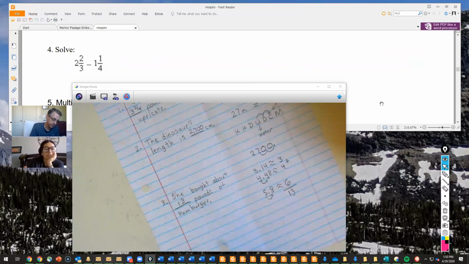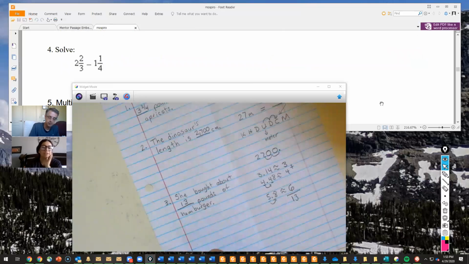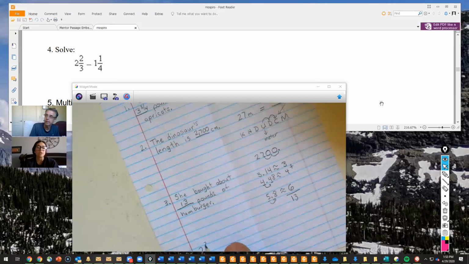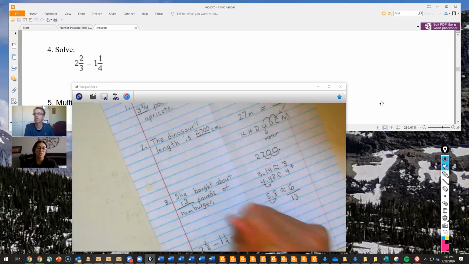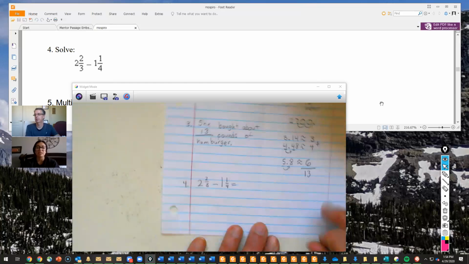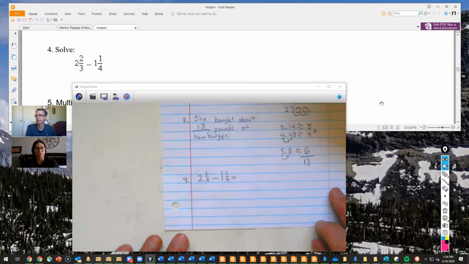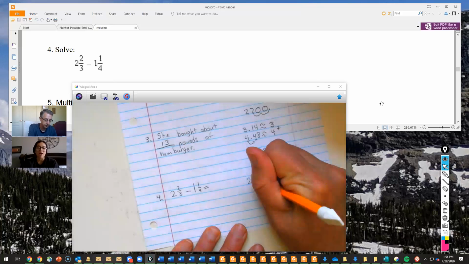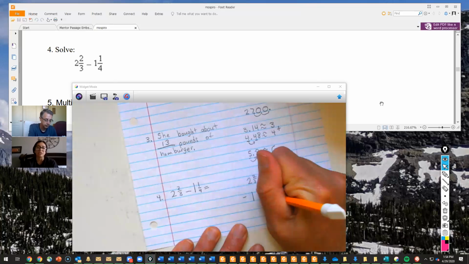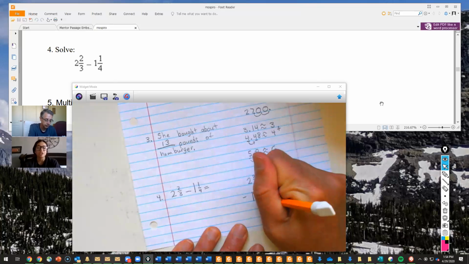Okay, number 4 says solve. So you guys, for your answer sentence, can write that number sentence, because we're going to be doing 2 2/3 minus 1 1/4. Or you guys can say the difference is. That one works as well. So our very first step when subtracting our fractions is going to be to line everything up and write it vertically. Just like Mr. Yates is doing.